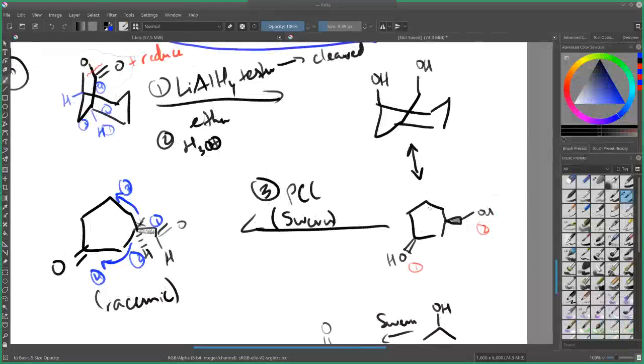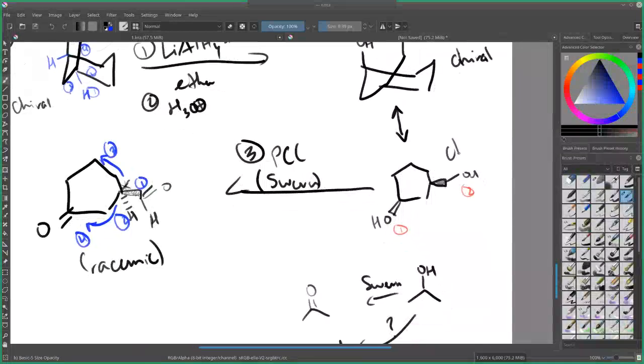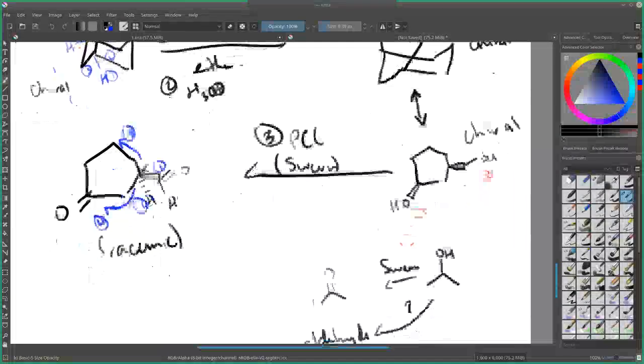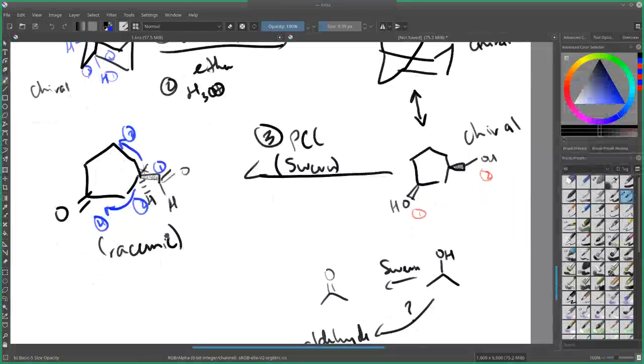So we start with chiral because there are four different substituents on each of these two carbons, and then we break the ester. Yet this is still chiral. Now I just redrew it, so that means it's still chiral. And over here, it's still chiral as well.